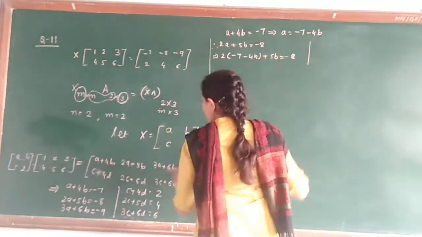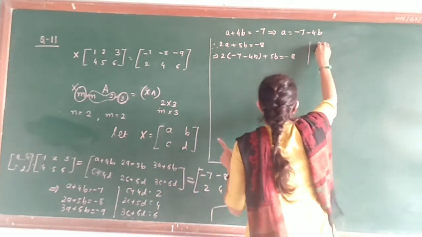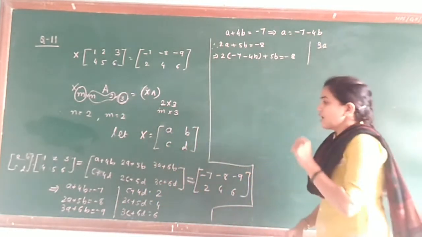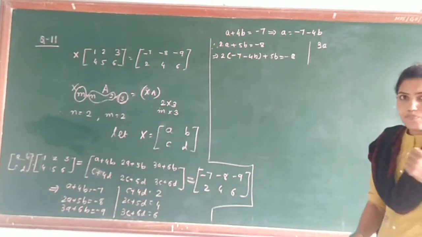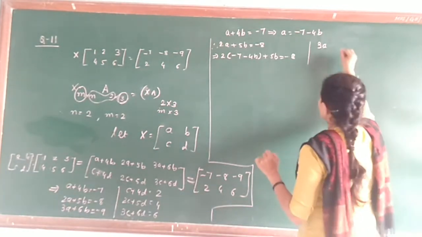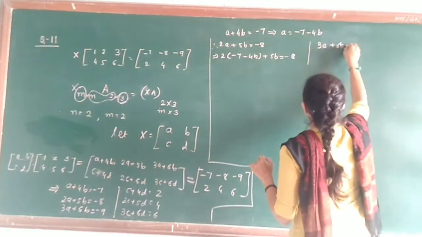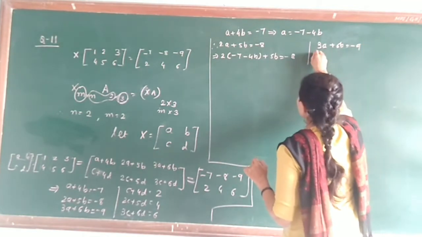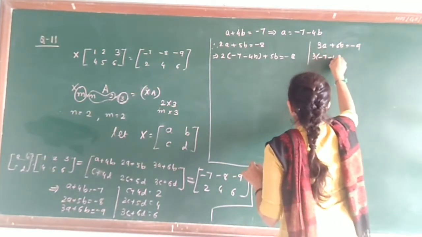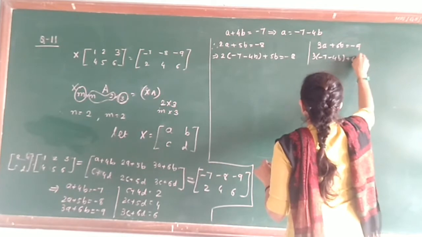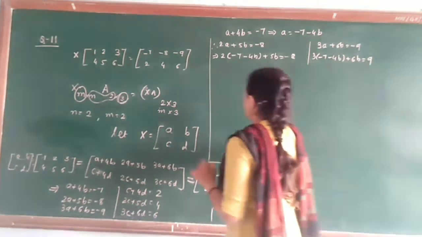Similarly, the second equation will be applied. So 3a plus 6b is equal to -9.